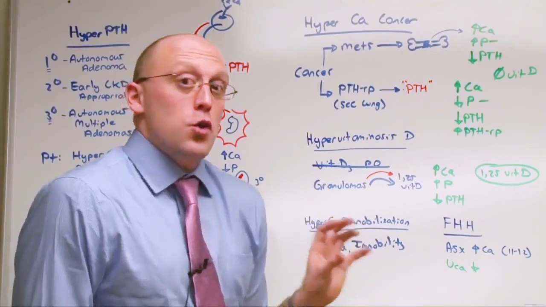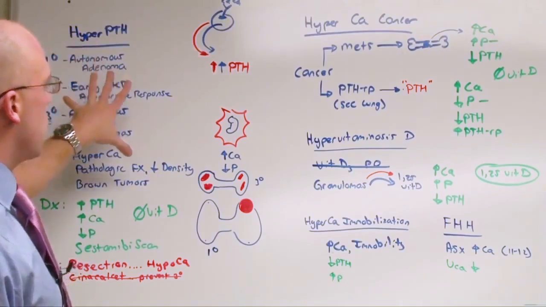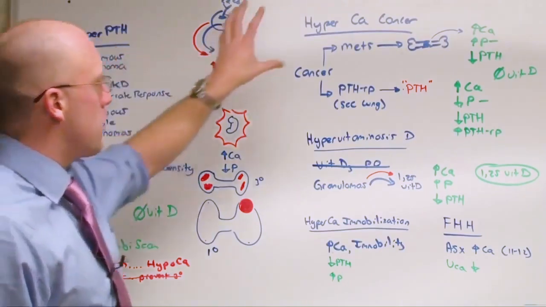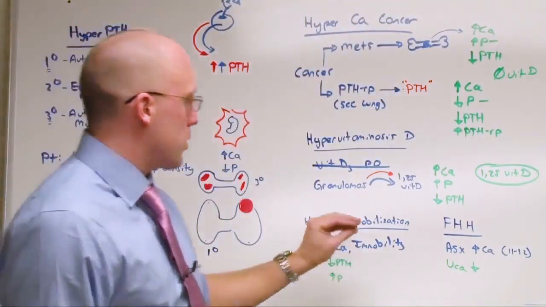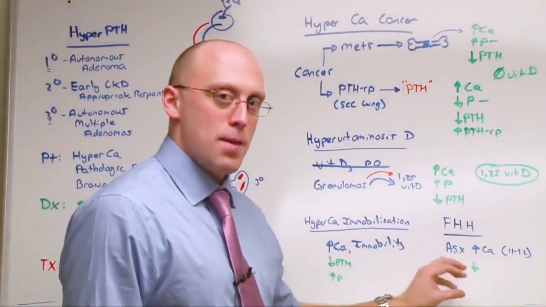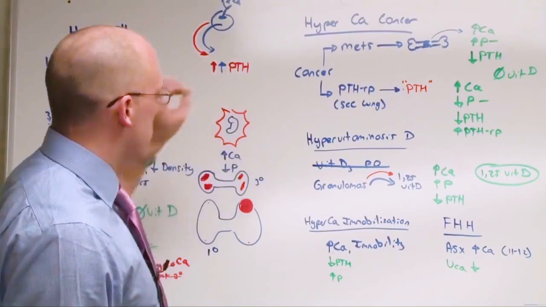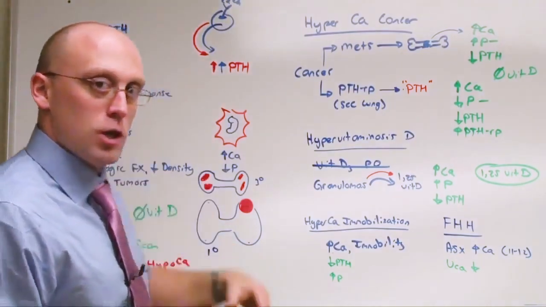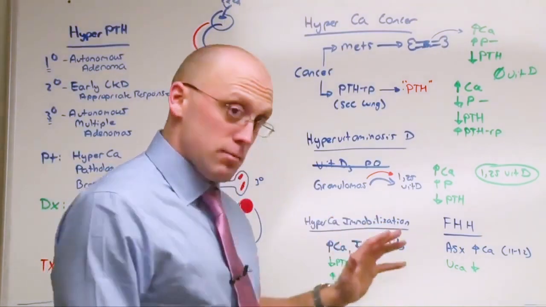So I want you to also feel the derangements. Significant derangements in calcium, phos, and parathyroid hormone for hyperparathyroidism and hypercalcemia of cancer. Less derangements in hypercalcemia of immobility and familial hypocalciuric hypercalcemia. Granulomatous disease, cancer, and adenomas cause big number swings and symptoms.